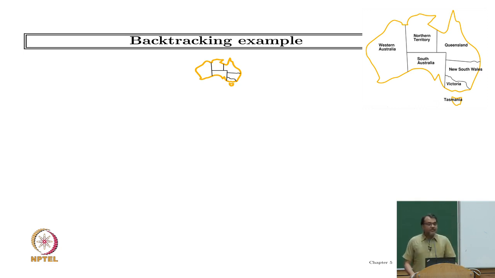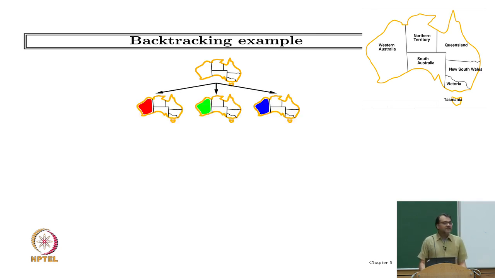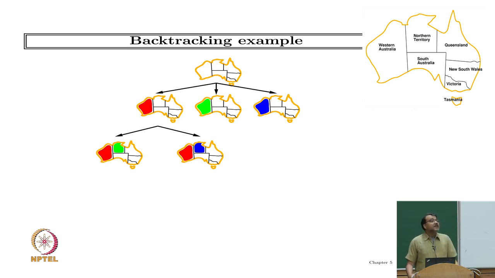So, we will choose a variable, let us say we pick Western Australia, and then we will branch on all values of it. In this case we branch on 3 values, Western Australia being red, green and blue, and say we go to the red node, and then we again branch, and let us say we branch on Northern Territory, and so this is how we branch. Notice that there is no point in branching on Northern Territory being red.